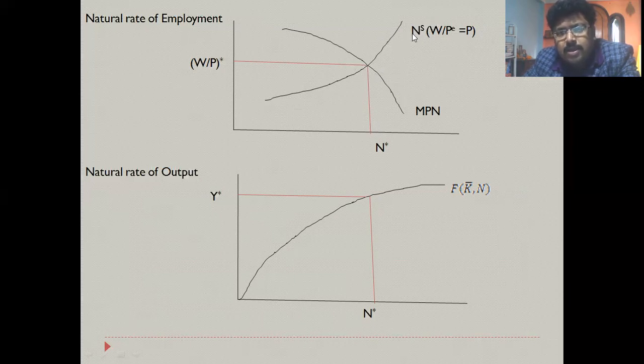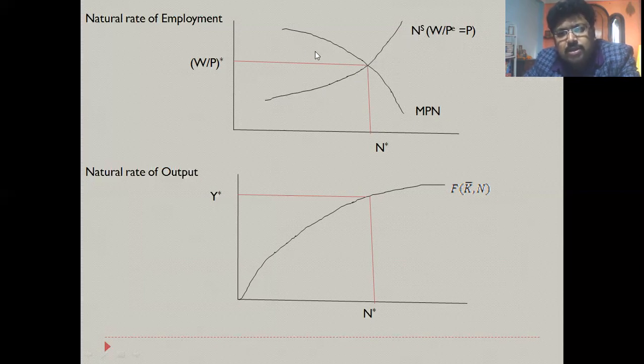Labor suppliers, those who are supplying labor, have perfect information about the price level, about the changes in the price level. So expected price is equal to the actual price. On that basis, the labor supply curve is an upward rising supply curve.